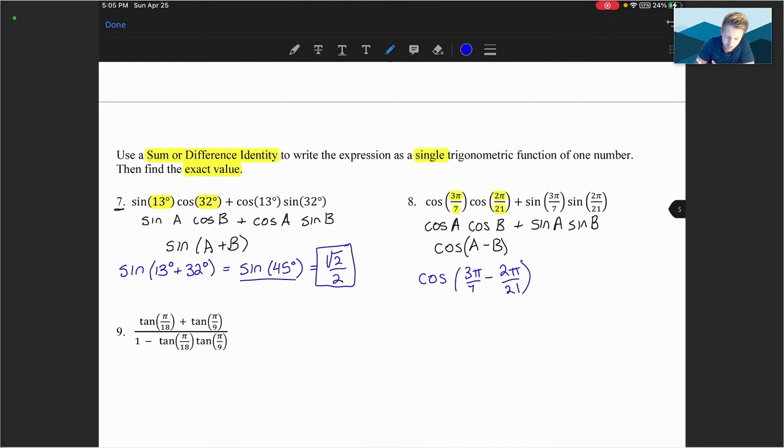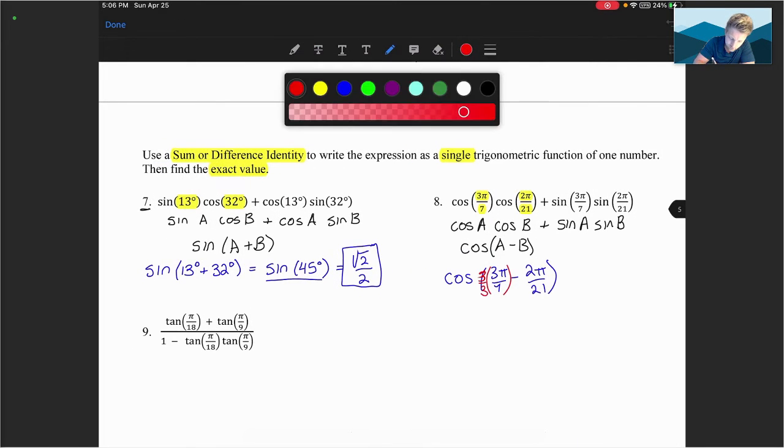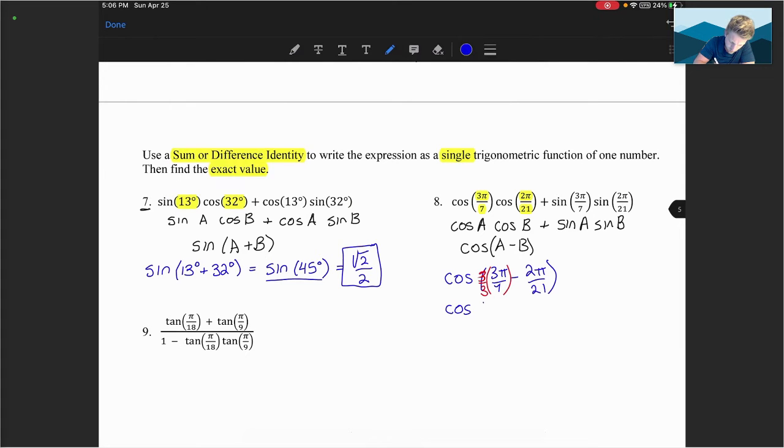So if I wanted to subtract these two fractions, I'd want to take them to the same denominator. So the common denominator here is going to be 21. So I need to multiply this first expression by a 3 over 3. So I'll get the following that will have cosine of 9 pi over 21 minus 2 pi over 21, which gives us 7 pi over 21 as a total.